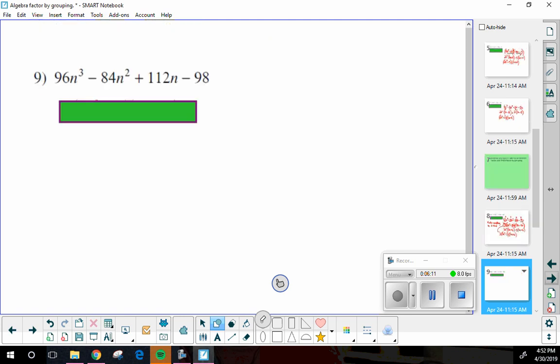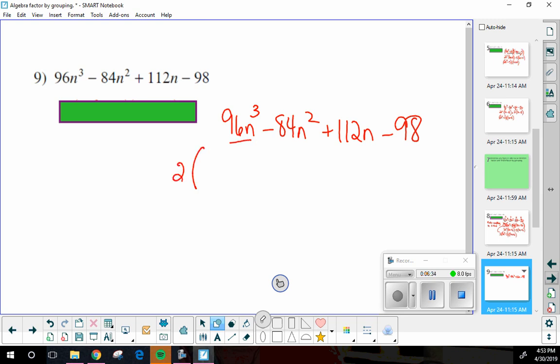So for this problem right here, we get 96n cubed minus 84n squared plus 112n minus 98. And so I see that I can factor out a 2 out of all of these terms. So I'm going to put a 2 right here.